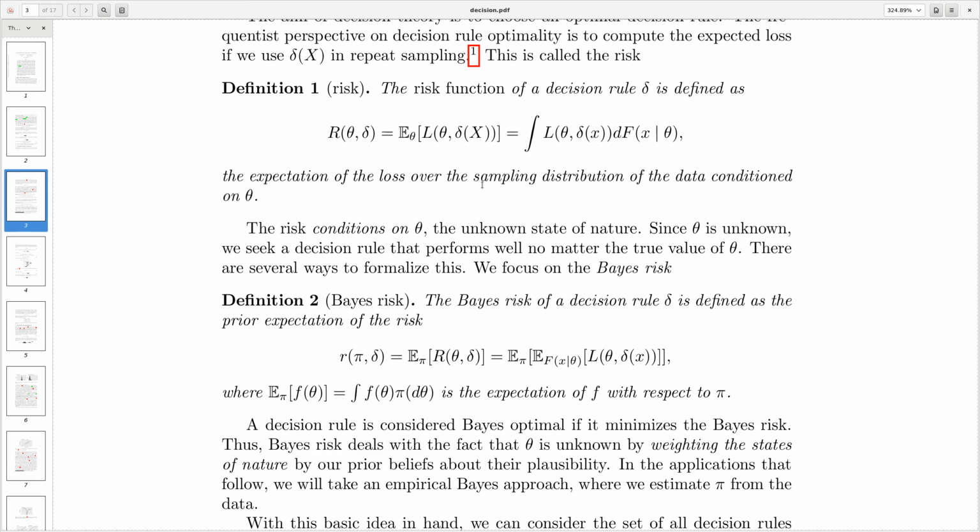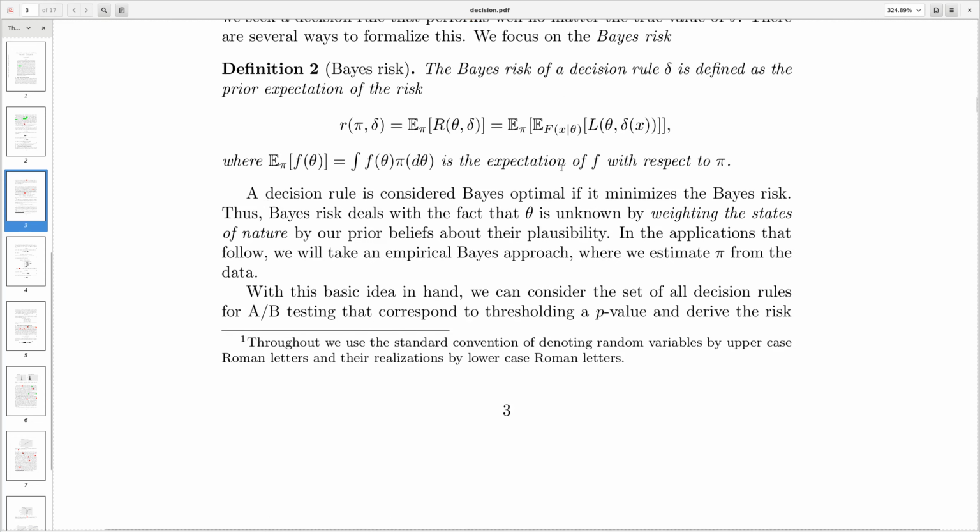There are several ways to formalize this. We focus on the Bayes risk. The Bayes risk of a decision rule delta is defined as the prior expectation of the risk.